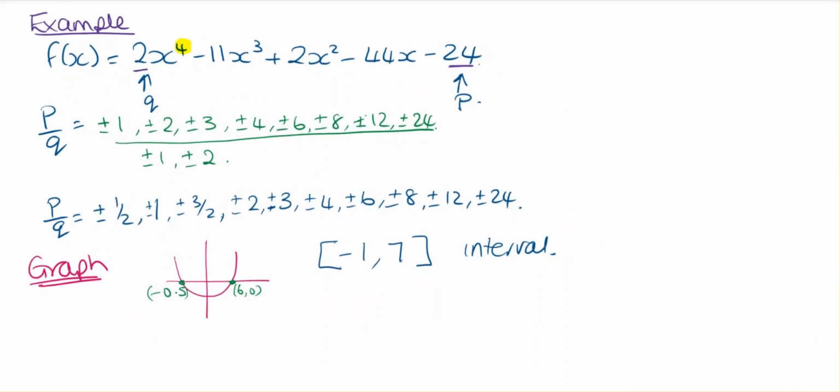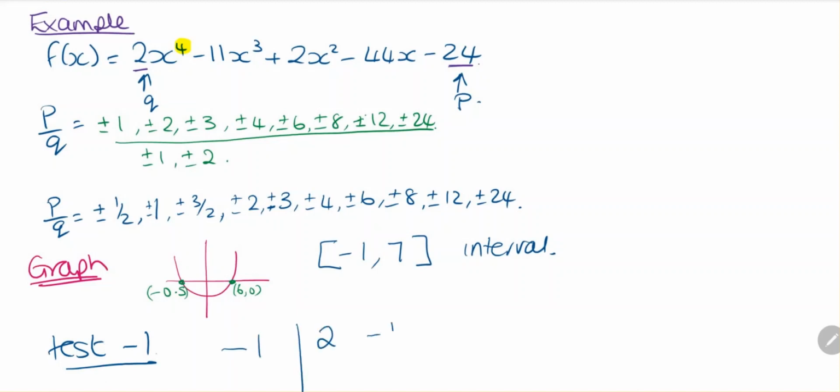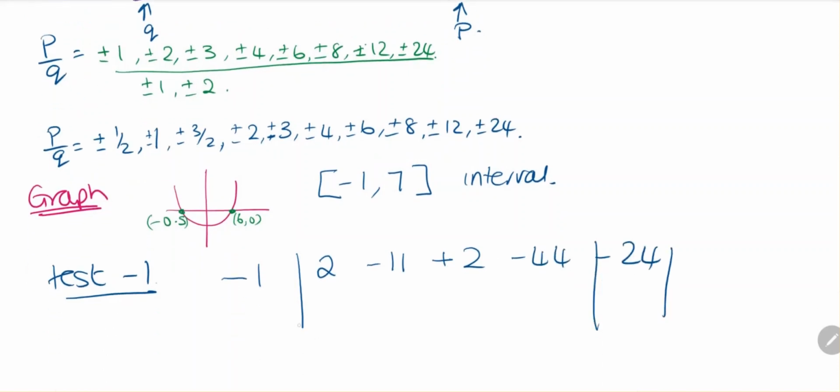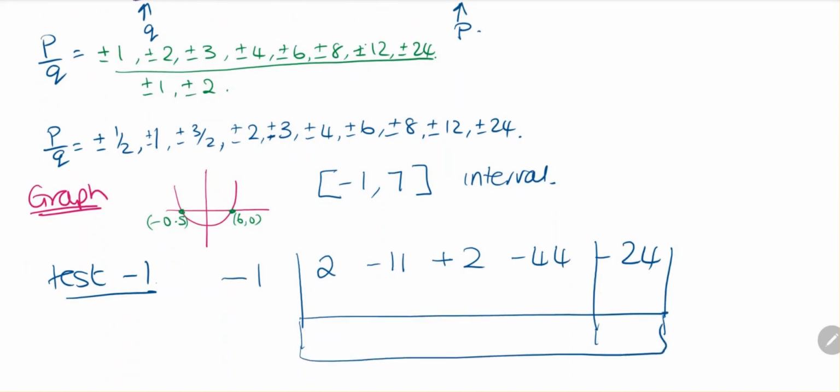So we're going to do synthetic division. We're going to test first of all minus 1. So we're going to divide by minus 1, and we're going to bring down our values. So 2 multiplied by minus 1 is minus 2, so minus 13. So this is going to be positive 13, 15, minus 15.